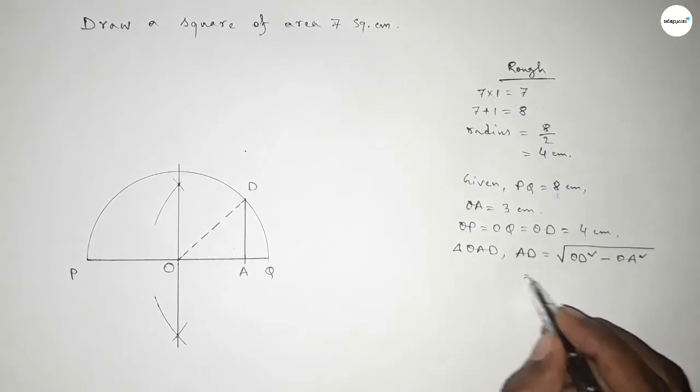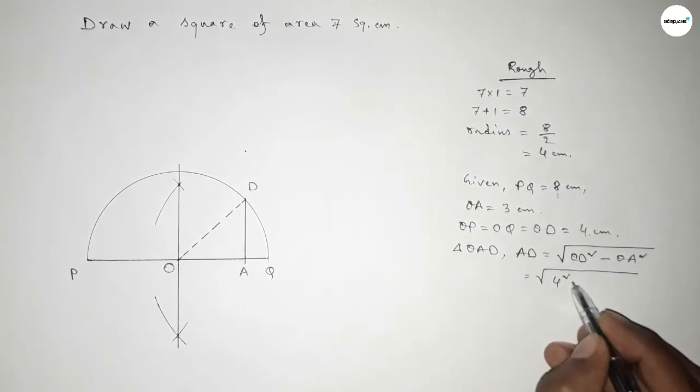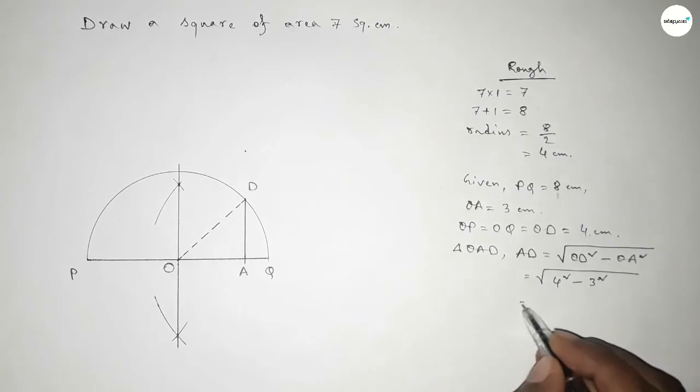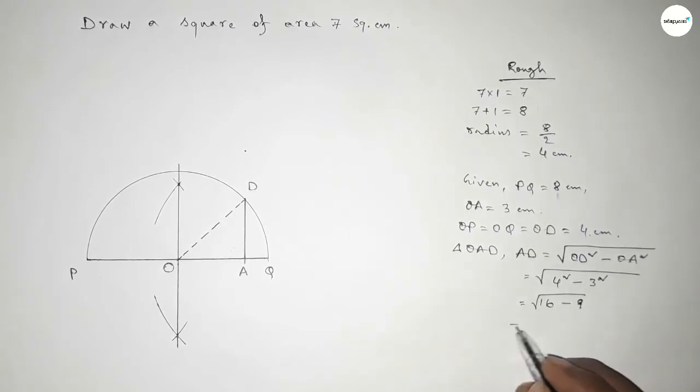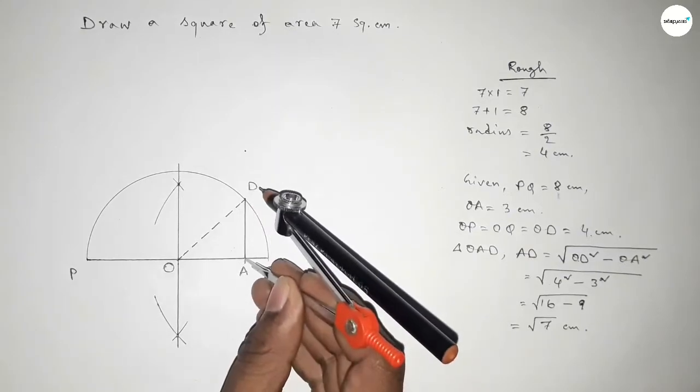So OD square minus OA square. Now putting the value of OD, 4 square minus 3 square. So this is 16 minus 9. So this is root 7 centimeter.